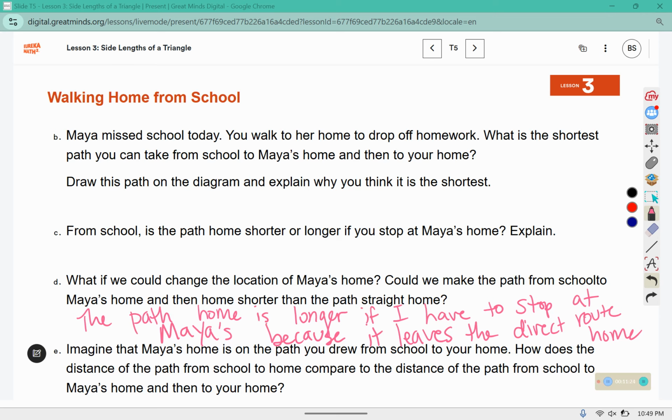Imagine that Maya's home is on the path you drew from school to your home. Could we make the path from school to Maya's home and then home shorter than the path straight home?